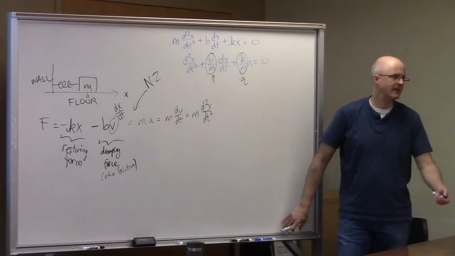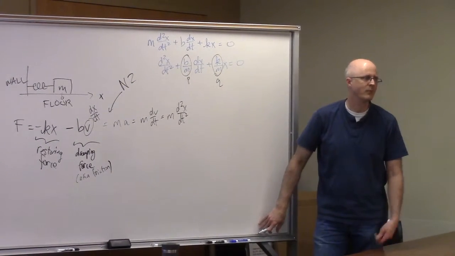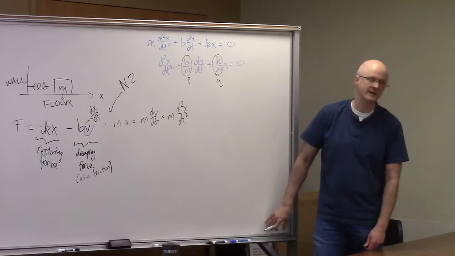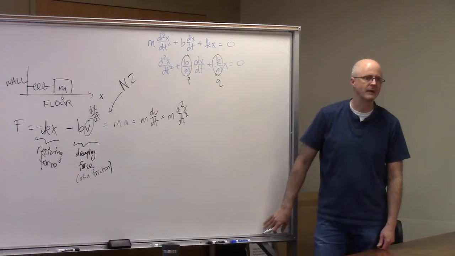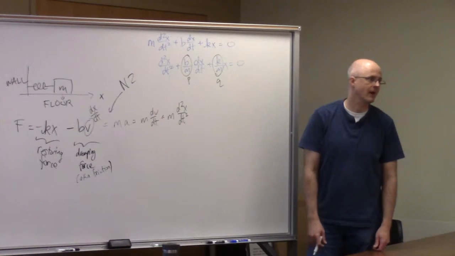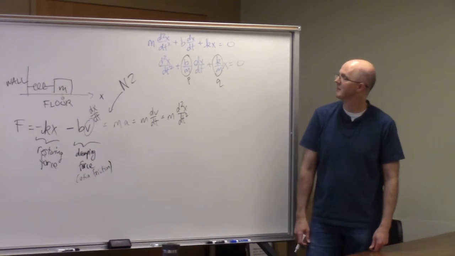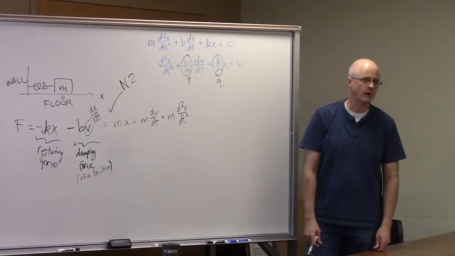Okay? Just to make things look simpler is the idea. But you want to always remember that p is b divided by m and q is k divided by m. But it makes things look simpler. I mean, you could take the mass to be 1 kilogram to keep things simple, and then b would equal p and k would equal q if m was 1.